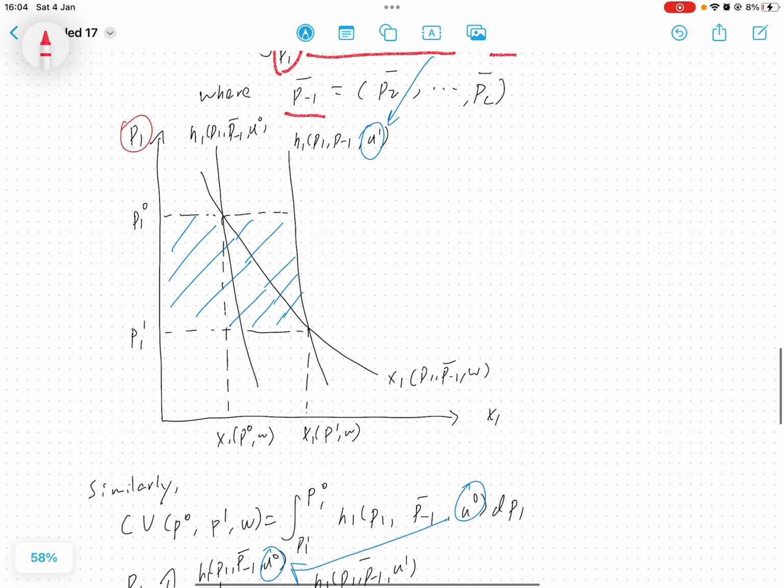Here we have this space, with x1 on the horizontal axis, but here we will have p1, not x2, on the vertical axis.